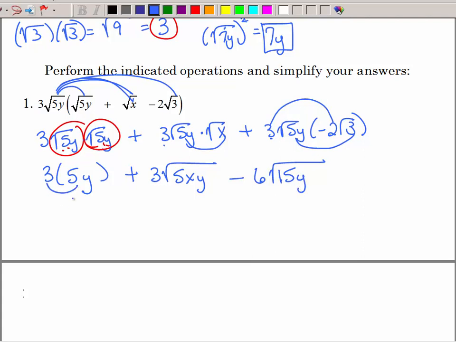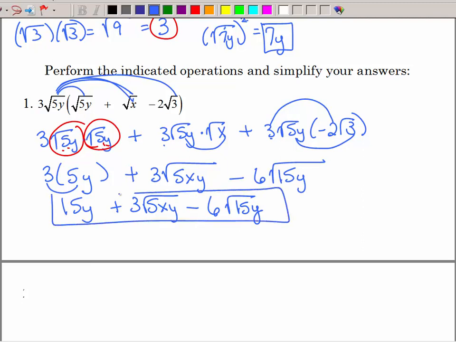Let's take one more step: that's 15y plus 3 times the square root of 5xy minus 6 times the square root of 15y. I cannot simplify any square roots. I don't see any like terms. That's it. So I have performed the indicated operations and I have simplified my answers.